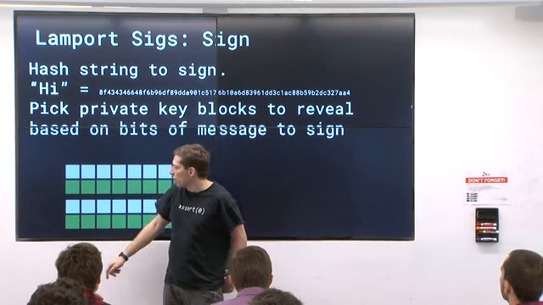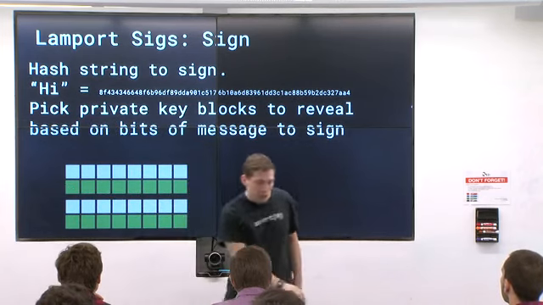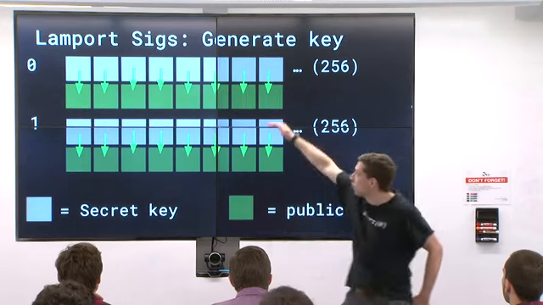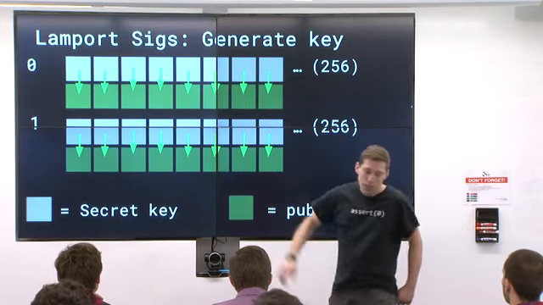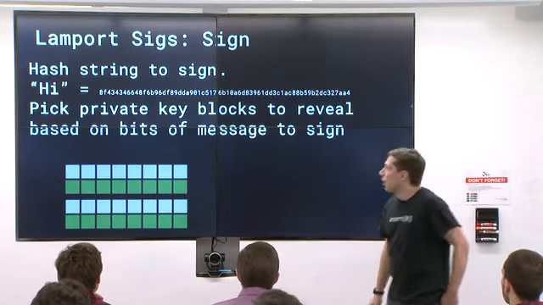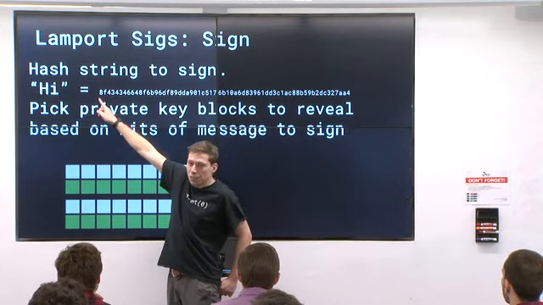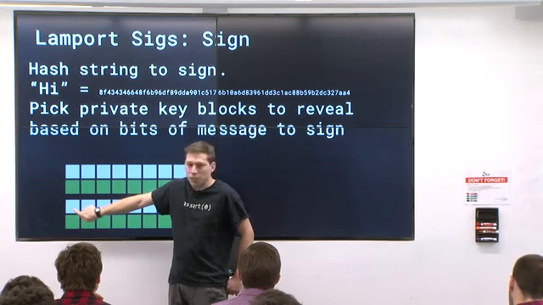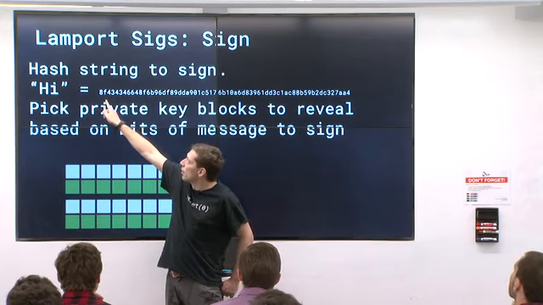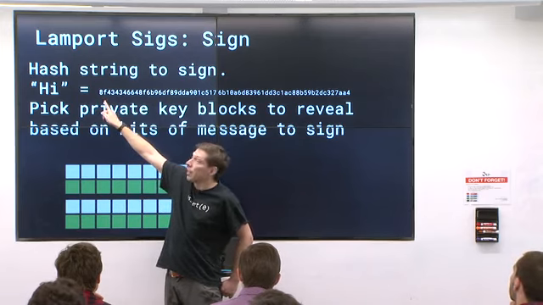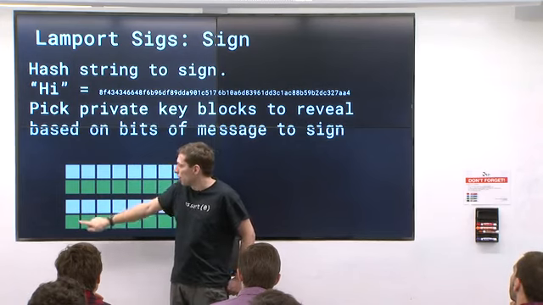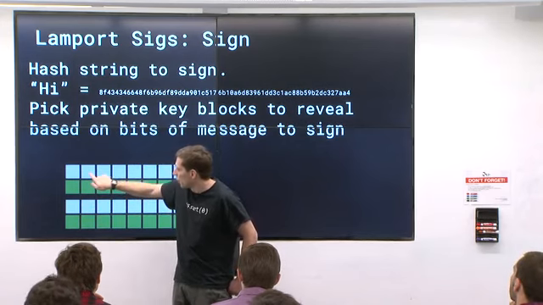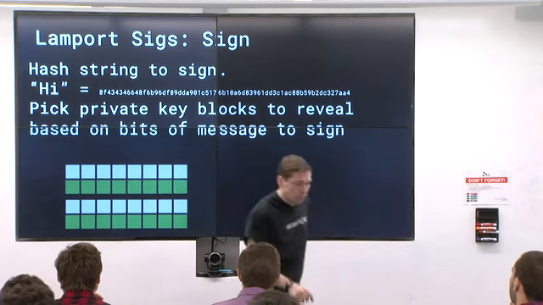I indicated before that there's this 0 row and this 1 row. So the first bit of my message to sign is a 1, and I'm going to reveal this gray square. The next 4 bits, since it's an 8, are going to be 0, so I'll reveal this, and this, and this.